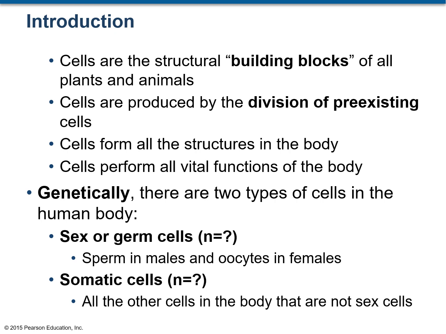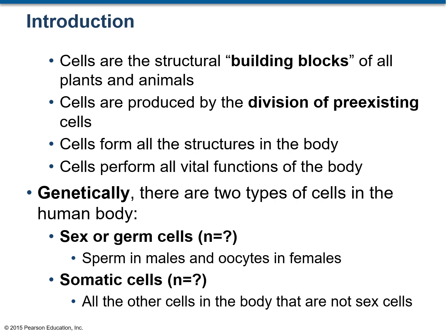So the basic difference between these two types of cells is in the number of chromosomes. If you notice, I have put a question mark after the letter N. N denotes the number of chromosomes. So in somatic cells, the number of chromosomes is 46 or 23 pairs.